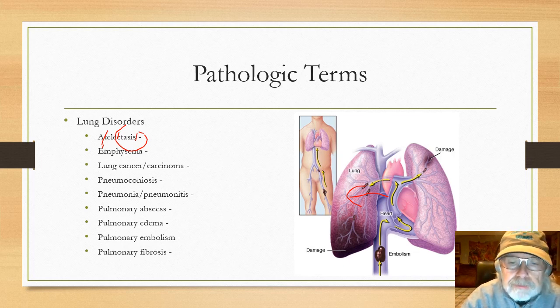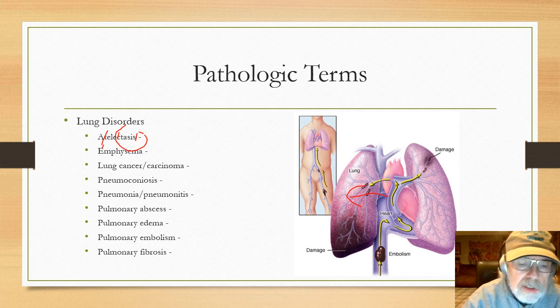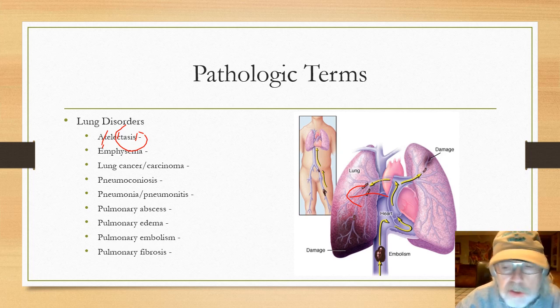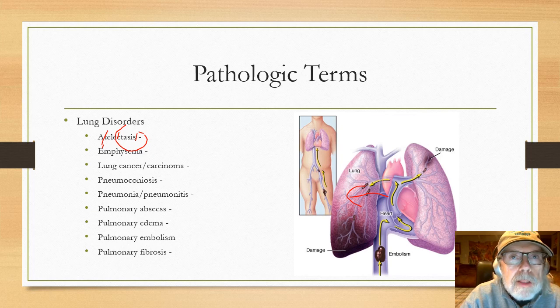Emphysema is a chronic obstructive pulmonary disease where the alveoli become destroyed. In chronic bronchitis we have a destruction of the airways, and in emphysema we have a destruction of the alveoli.